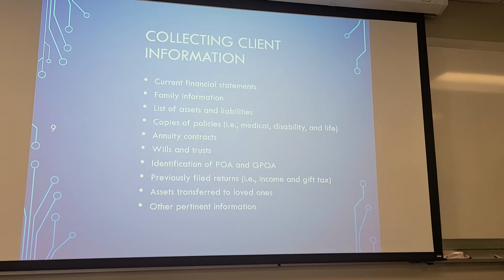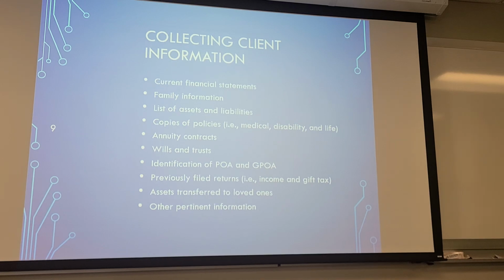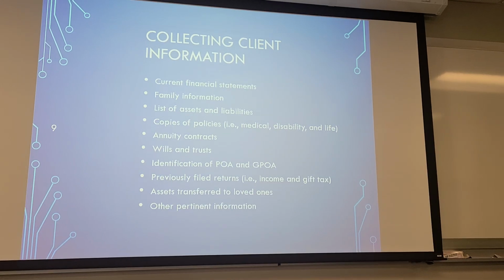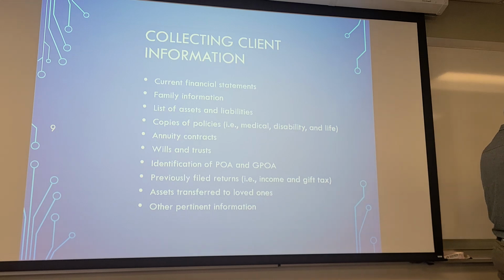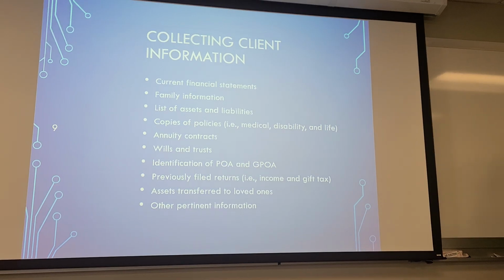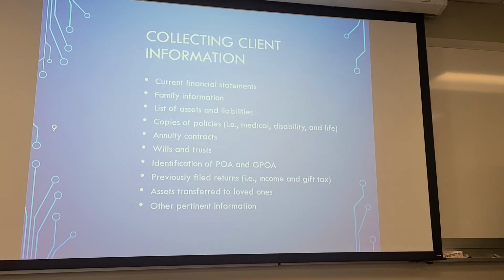Is there a term certain that it pays out? Maybe it has to pay out at least 50% of what is expected to pay out when you get hit by a bus. So money could be going to your estate. So I want that contract so I know if I'm going to be the executor, or if I'm just the financial planner and I'm sharing this with the executor, here's some dollars you need to make sure you get from this pension.